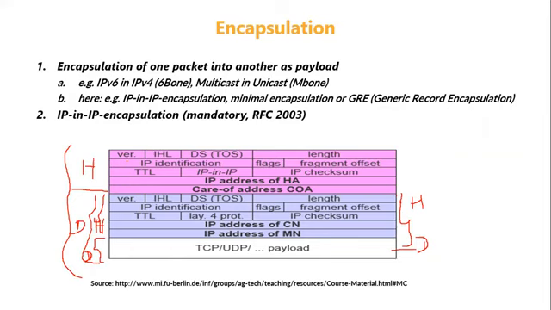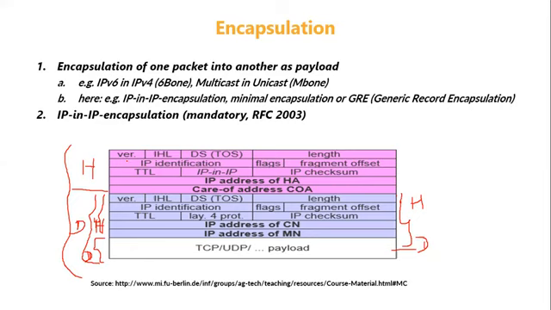TOS is just copied from the inner header. Whatever the value in the inner header, the same thing will appear in the outer header for TOS. And the length field covers the complete encapsulated packet, the length of the entire packet in bytes.